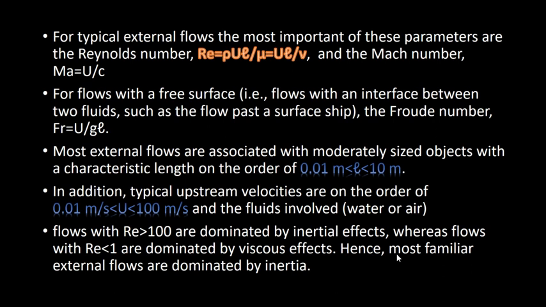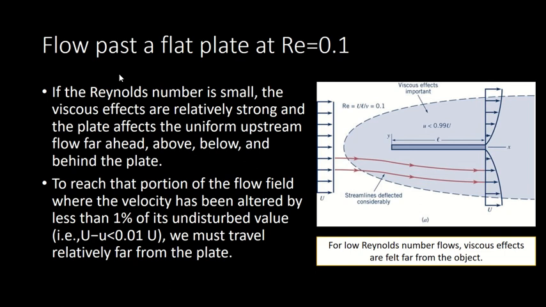In order to understand the effect of the Reynolds number on the body, three plates with different Reynolds numbers are shown in the next slide. For the first one, flow past a flat plate at a Reynolds number of 0.1, which is less than 1. As you can see in this figure, this is the plate with characteristic length L, and this region is where the viscous effects are very important.